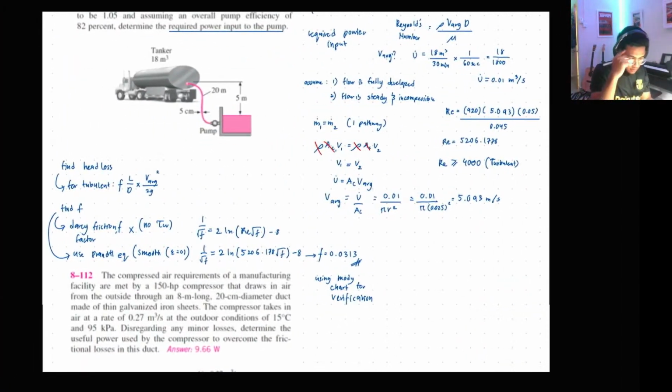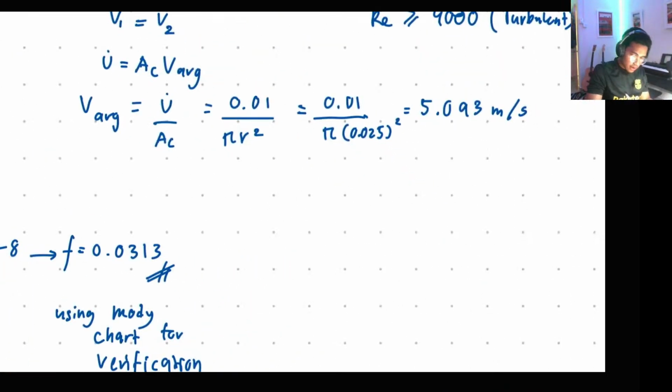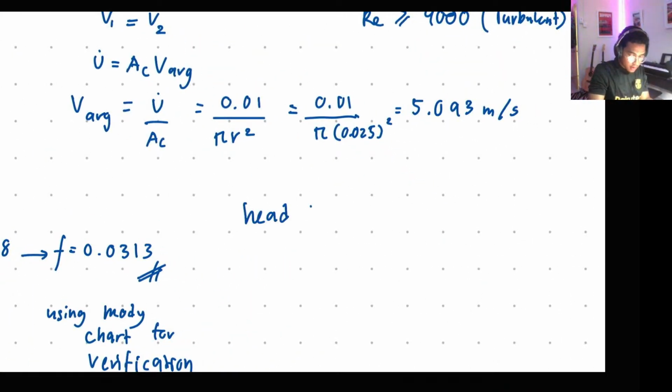Okay, so now that we've found that, we need to find head loss. Head loss equals f L over D times V squared over 2g.